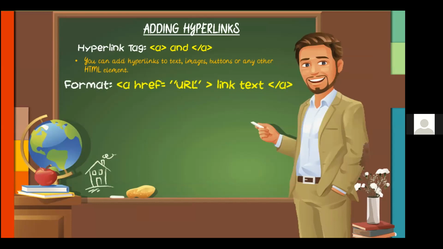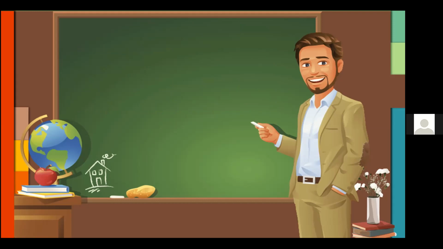The format is the opening tag a, href, and the URL which you want to embed inside a text. For example, a href www.google.com. I want to add this to our rewarded word. So how can we add this? Let's add that hyperlink.